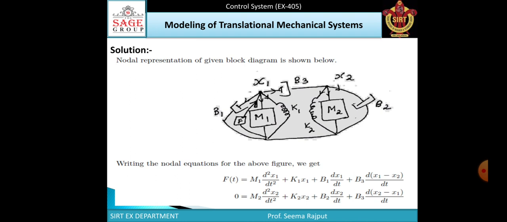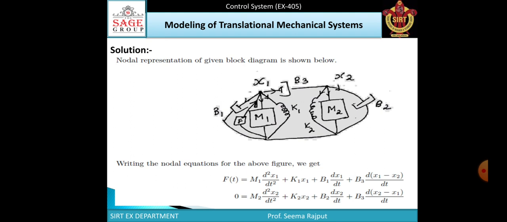So writing the nodal equation for the above figure, we get force is applied in mass M1. So F(t) equal to m1 d²x1/dt² plus k1 x1 plus b1 dx1/dt plus b3 in between x1 and x2, so that is written as b3 d(x1 minus x2)/dt.